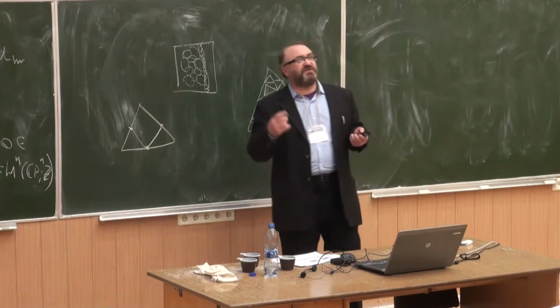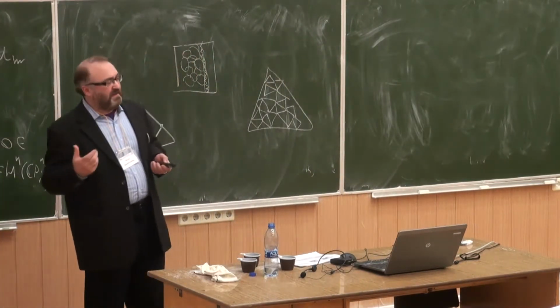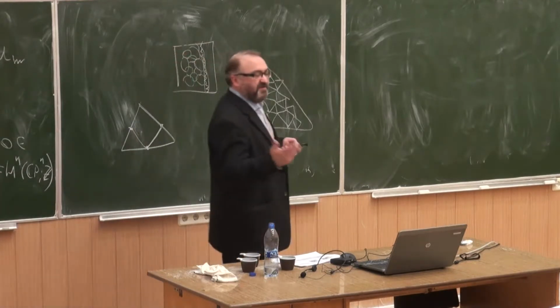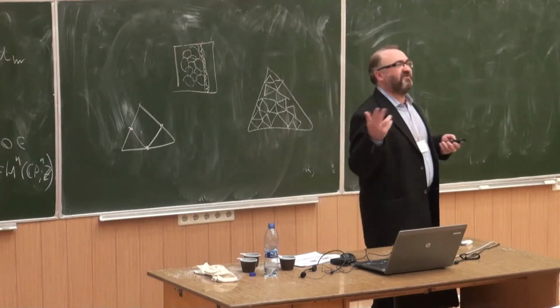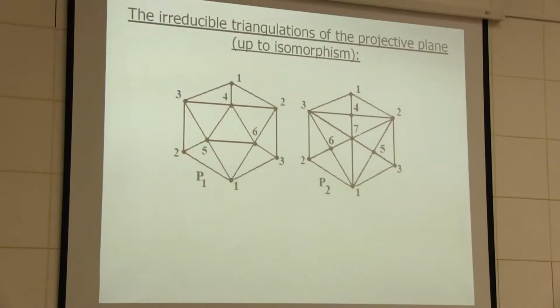So remember that the Möbius band is just a once punctured projective plane. So we start with these two irreducible triangulations of the projective plane that Barnette found in 1982. The one on the left has just K6 in the projective plane, and the one on the right has several vertices.